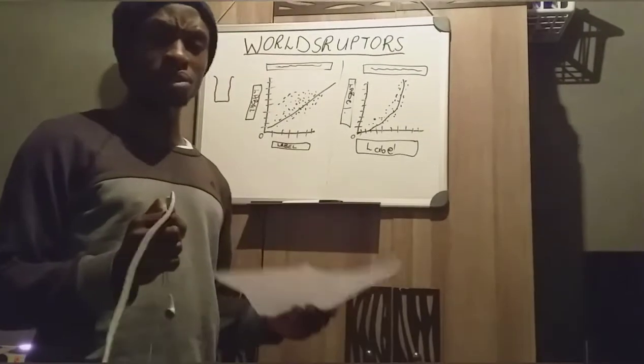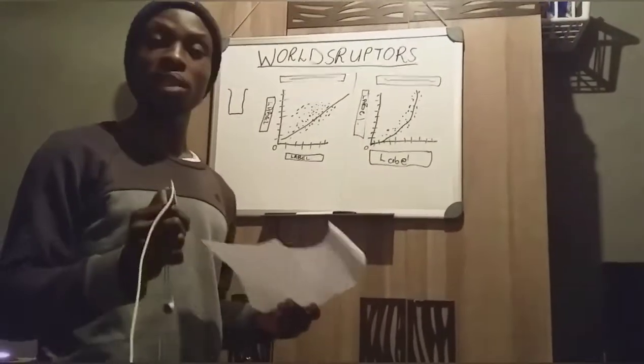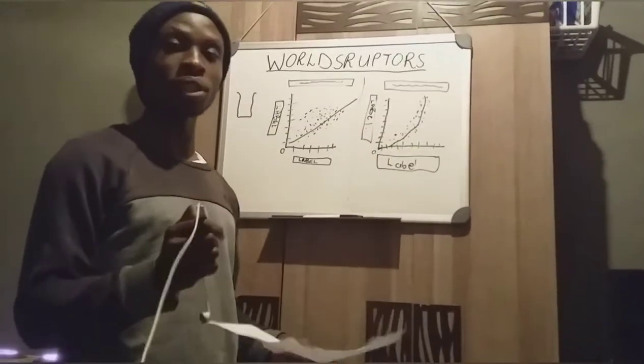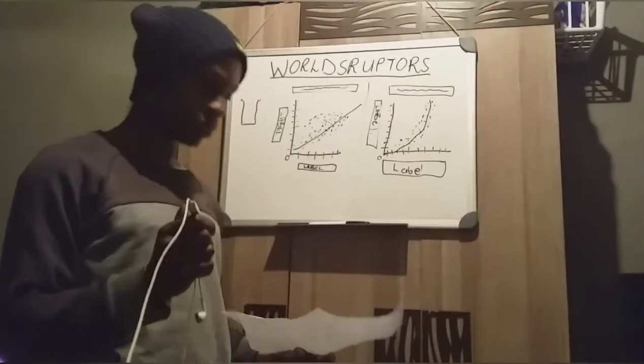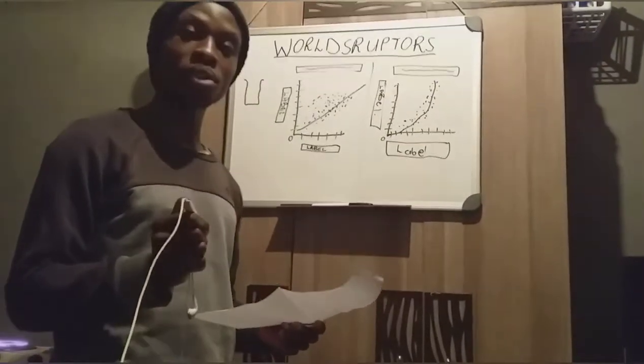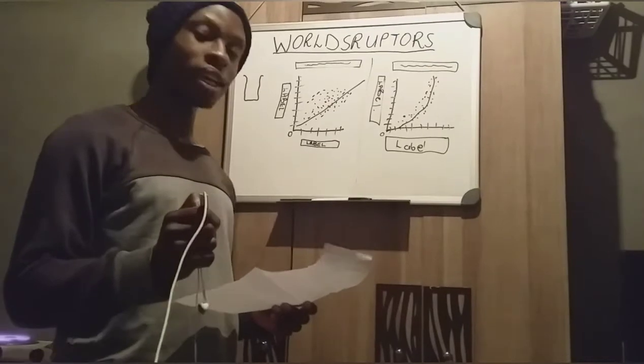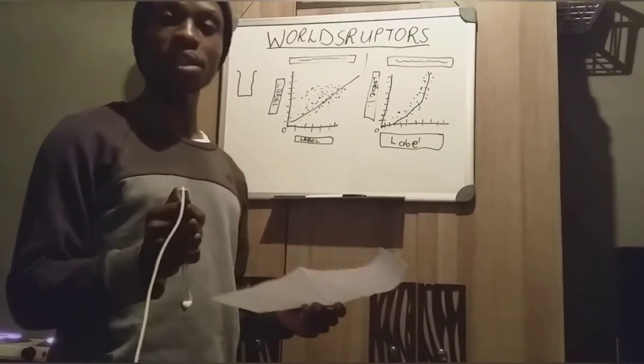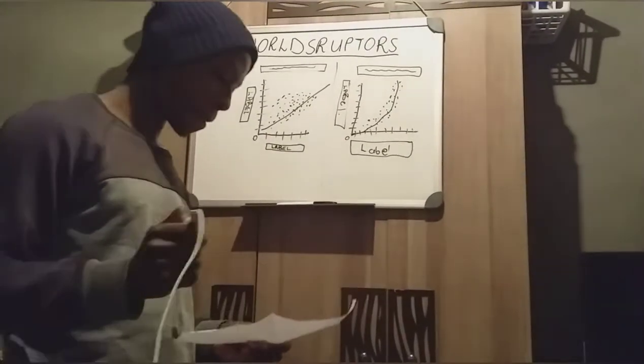So let's just break down physical sciences. Basically, physical sciences constitutes of physics and chemistry. All sciences use experiment and testing to understand the world better around us.